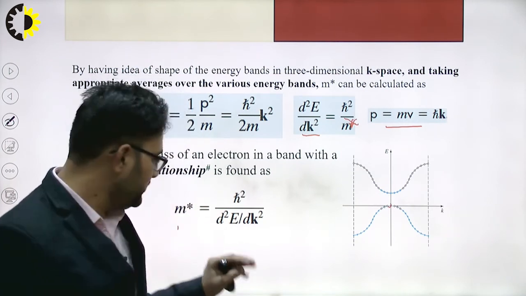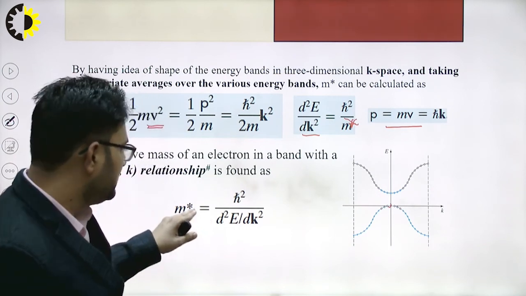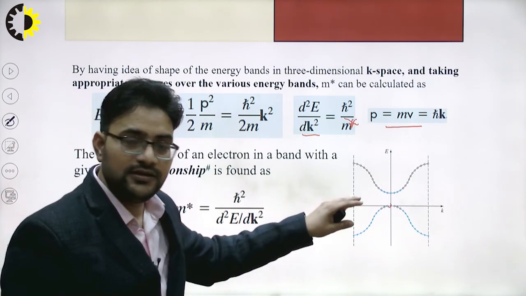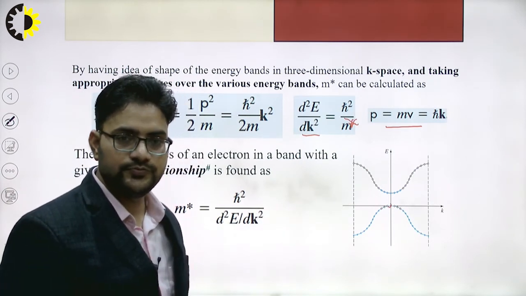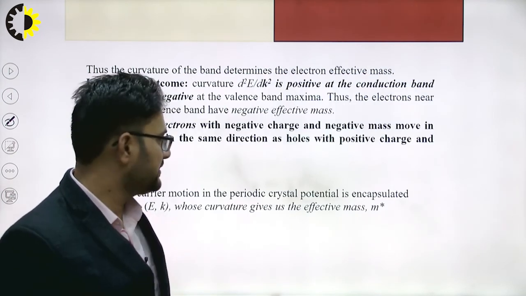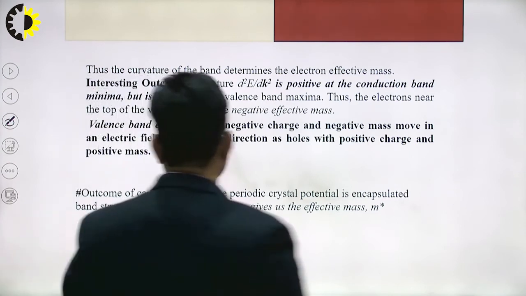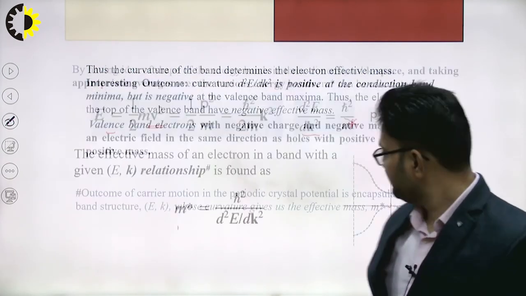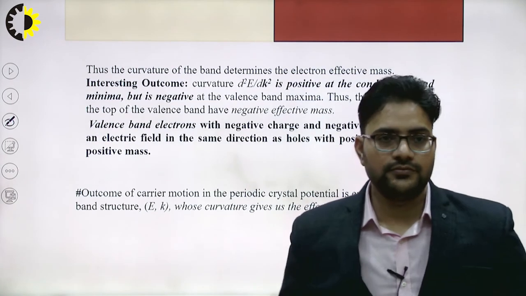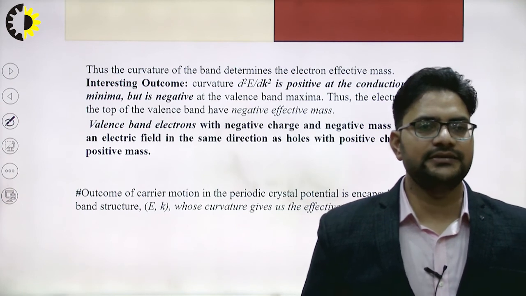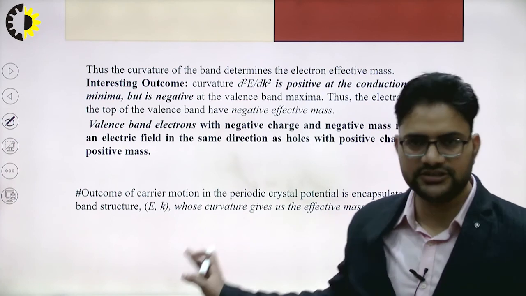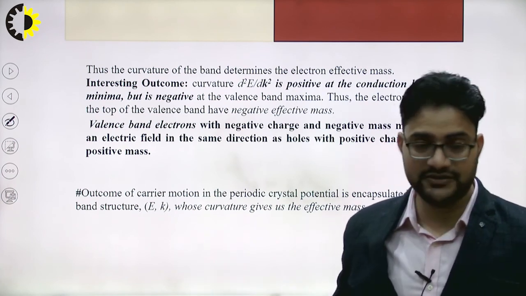Also, we can conclude that from here d2E upon dk square can have positive as well as negative values, which is an interesting topic. If you see the curvature of the band, the curvature determines the electron effective mass, as we have already seen in the previous slide.